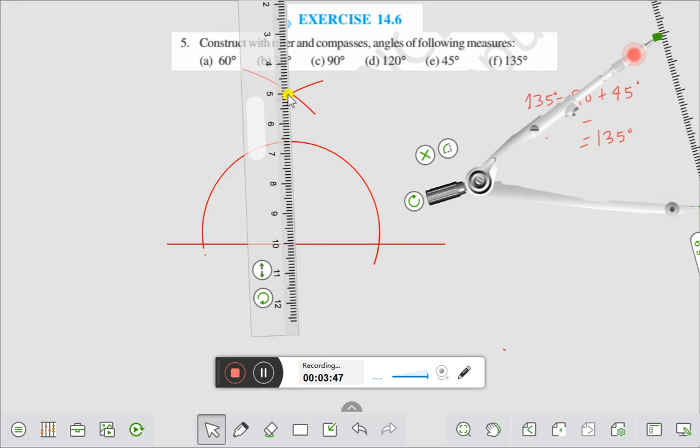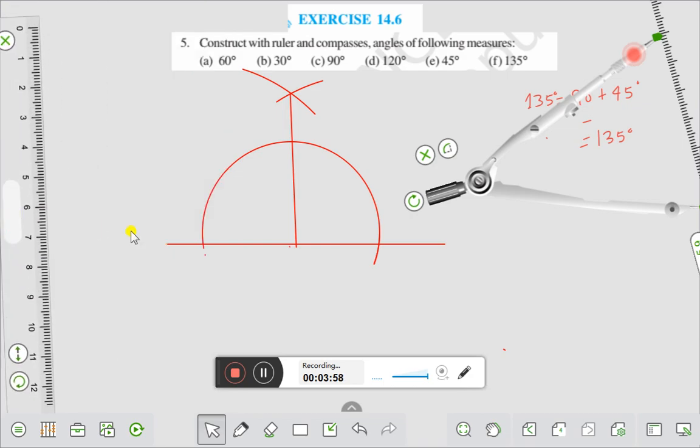Let us draw this line, right? This is 90 degree, and if this is 45 degree, this is 45 degree, now we'll bisect this angle 45 degree, right?